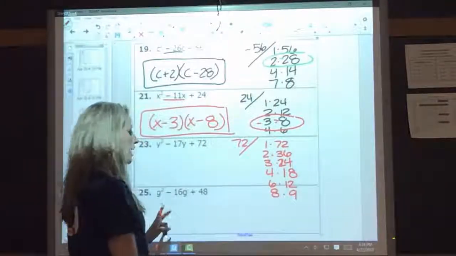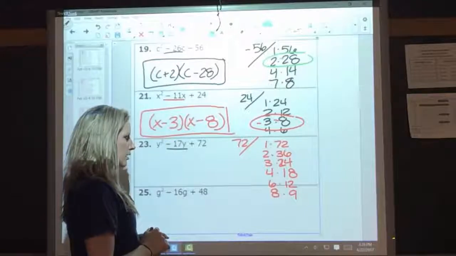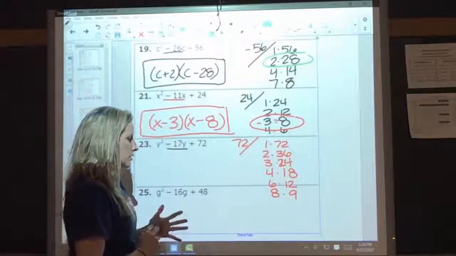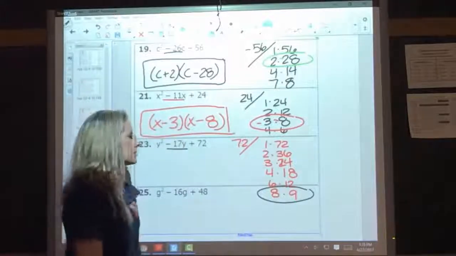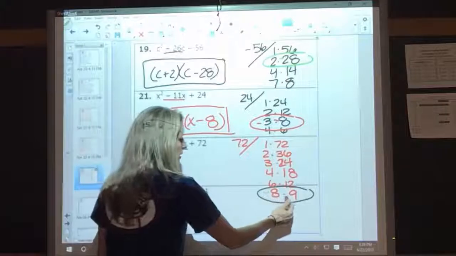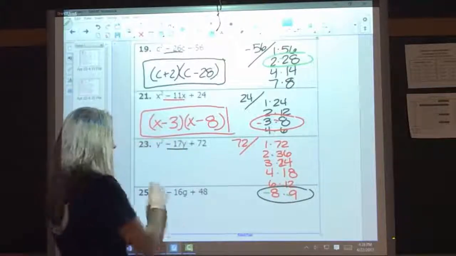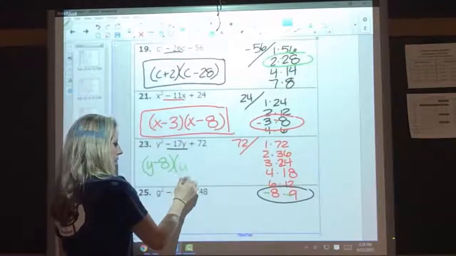Okay, so which two will add or subtract to give you a negative 17? Let's see. 9 and 8 will add up to be 17. Okay, so in order to get a negative 17, both of these numbers need to be negative. So my factors are y minus 8 and y minus 9.